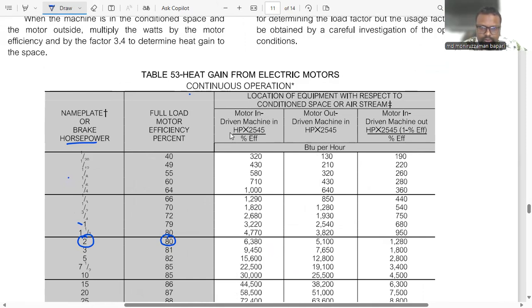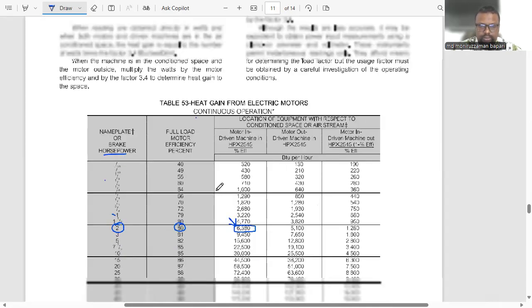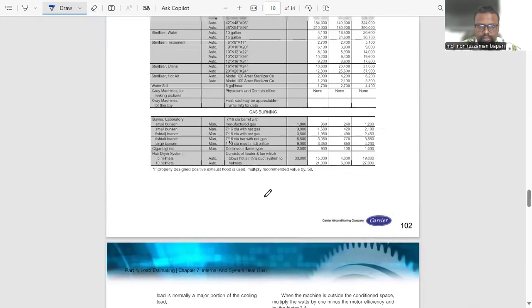If the motor is inside and driving the machine inside, the energy produced is 6,380 BTU. If the motor is outside but the machine is inside the room, it is 5,100 BTU, and if the motor is inside the room and the machine is outside, it is 180 BTU. In most scenarios we have the motor and machine inside, so we'll consider 6,380 BTU for the 2 horsepower motor.